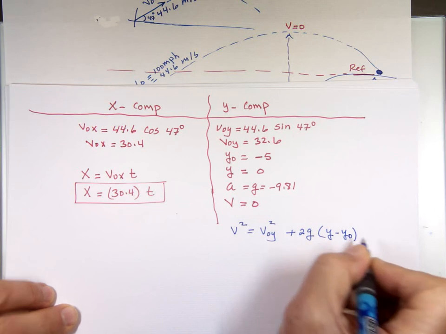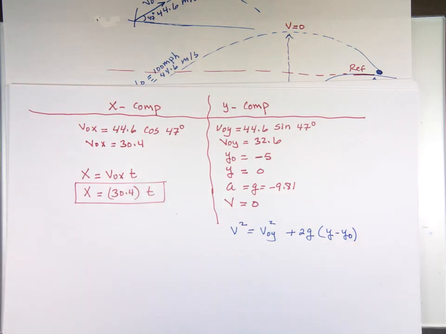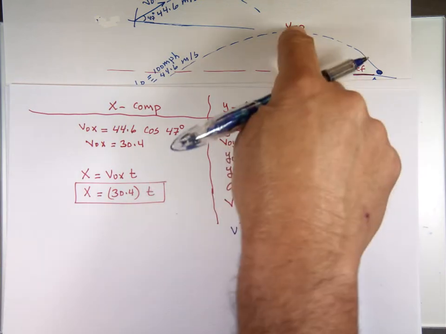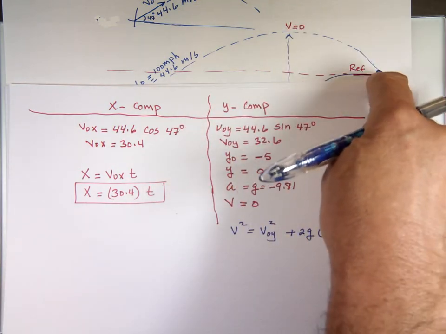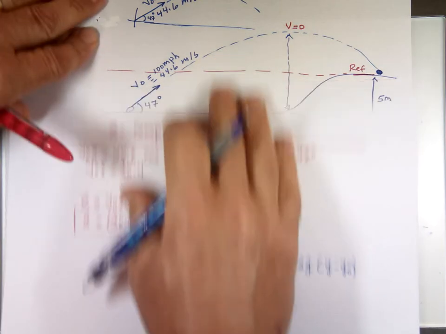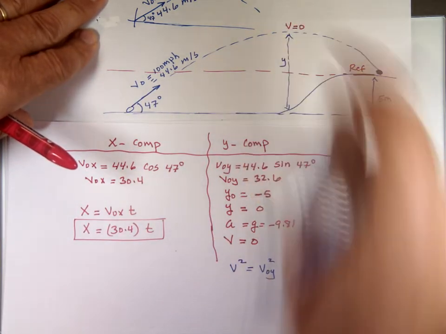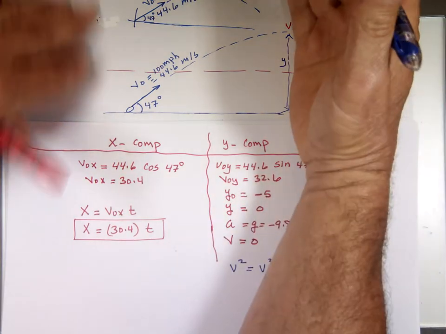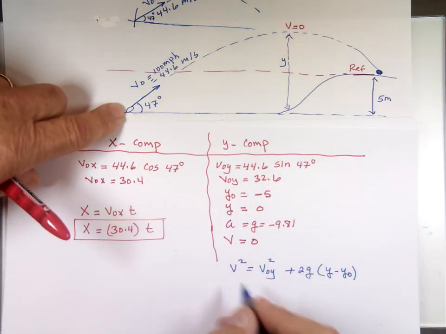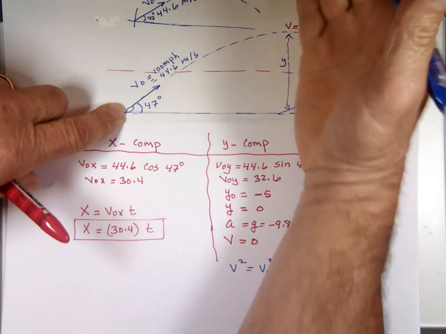Now you've got to be careful with this. I'm looking for the maximum height, not right here. I'm looking for that height, from here to there. I know the final velocity. When you reach this point, what's your final velocity there? 0, so I've got to use that.